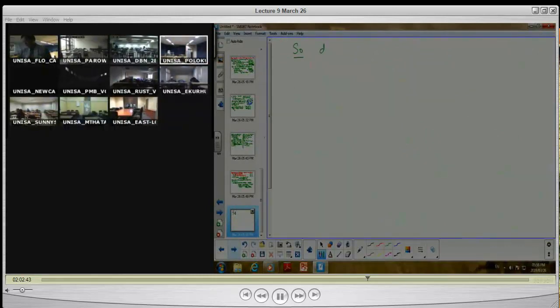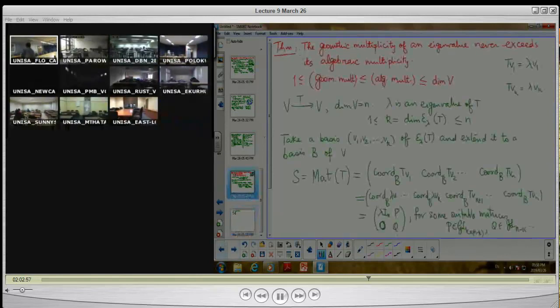Okay? See, to find this matrix is the real issue. Once you find this matrix, the rest is simple. Okay?